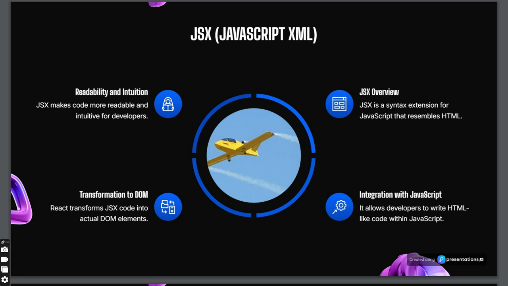JavaScript XML allows us to write HTML code in JavaScript, making our code cleaner and more readable. When we use JSX, React transforms it into JavaScript that the browser can interpret, allowing us to use HTML elements alongside JavaScript expressions seamlessly.